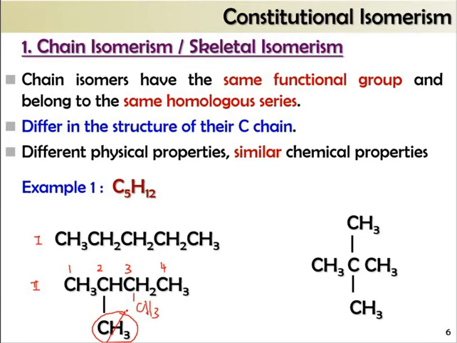Alright, so it is still the same. So kita akan letak CH3 at the same carbon like this. So we have longest chain is 3 carbon, 1, 2, 3, and then at carbon number 2 we have CH3. So kita dah ubah dia punya longest chain, maksudnya the relationship between all the structures are chain isomerism.